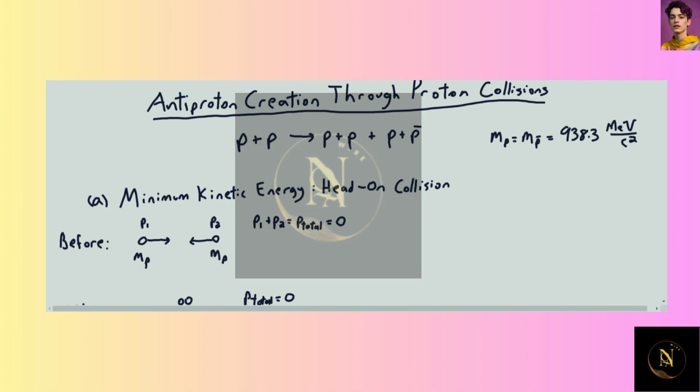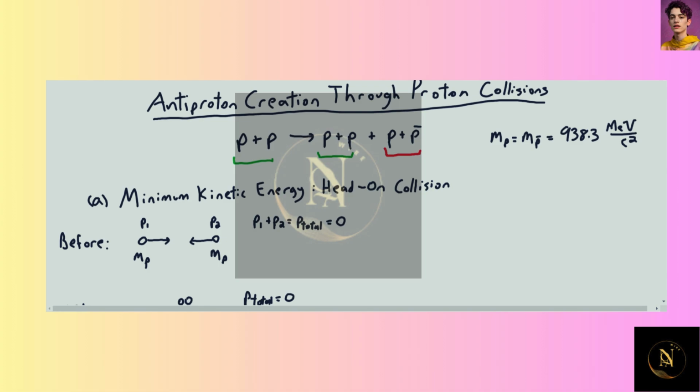So it's this reaction here where two protons collide, and then the two protons survive the collision, and as a result, the energy that was added is enough to create a proton and an antiproton. So you have to have enough kinetic energy to allow those rest masses to form.